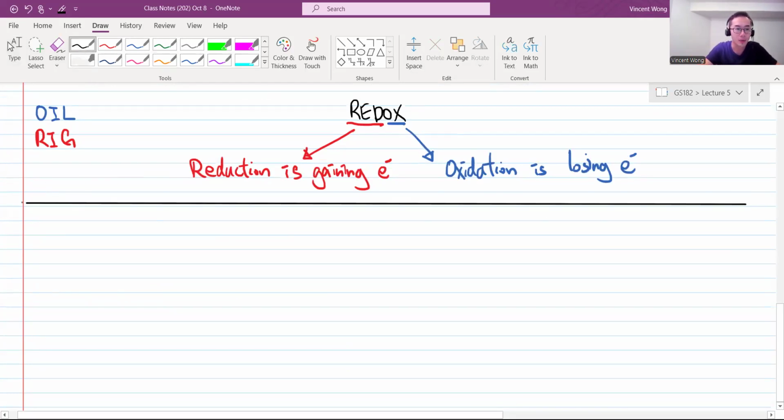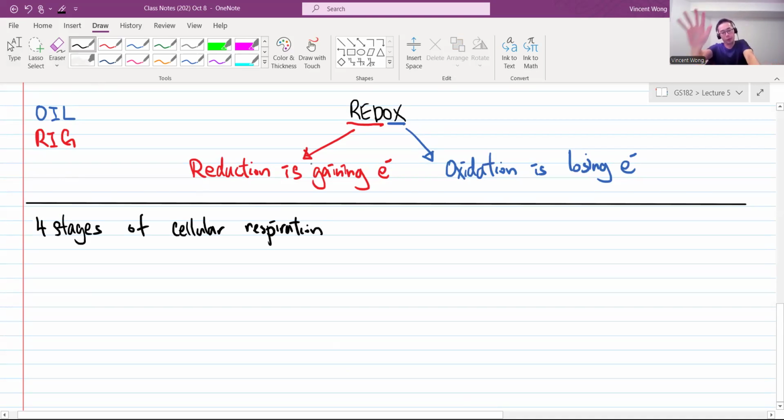All right. So next part of the notes, we are going to be looking at four stages of cellular respiration. Now, let me try to explain this to you.